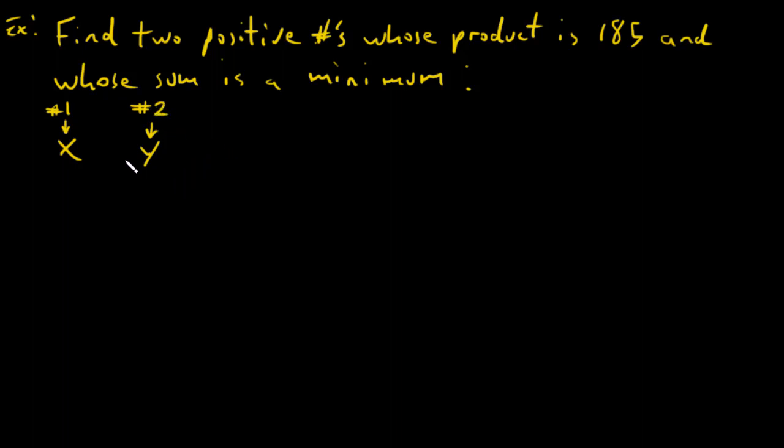Okay? So the product is 185. So that means I'm going to have x times y equals 185. Okay? And whose sum is a minimum. x plus y equals, I'm just going to put an S down for sum.